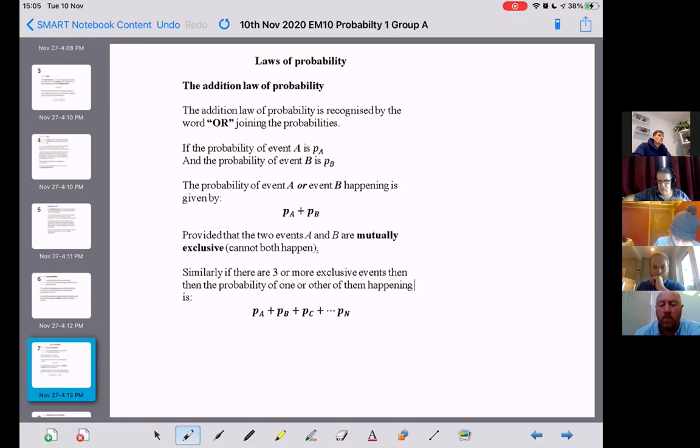The chance of throwing a 1 is 1/6, and the chance of throwing a 6 is another 1/6. So the probability of a 1 or a 6 is equal to 2/6, or a third.